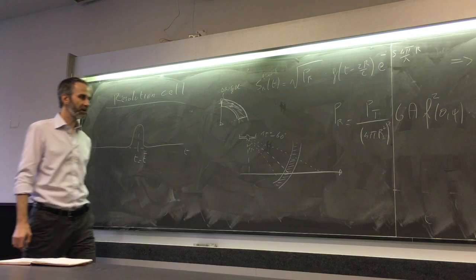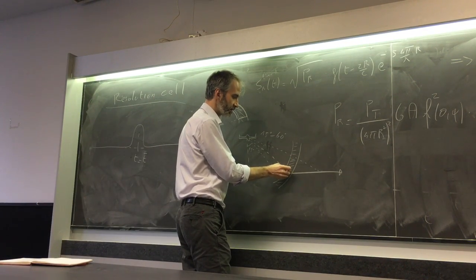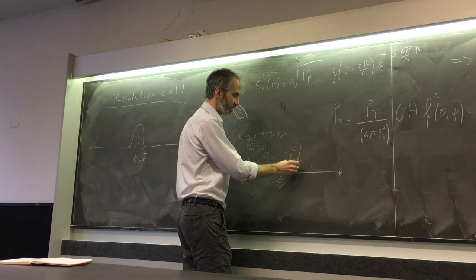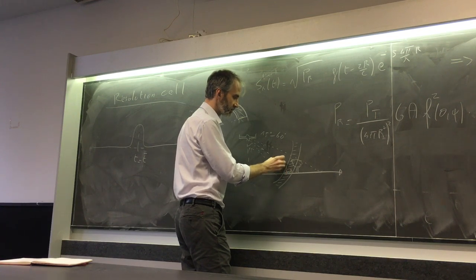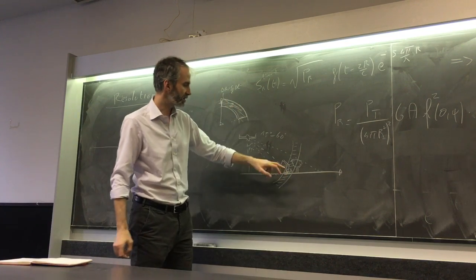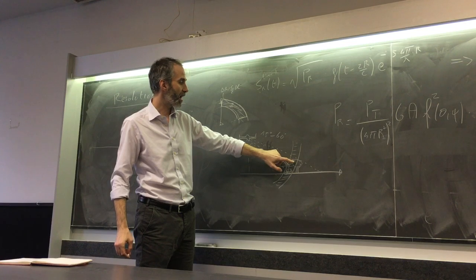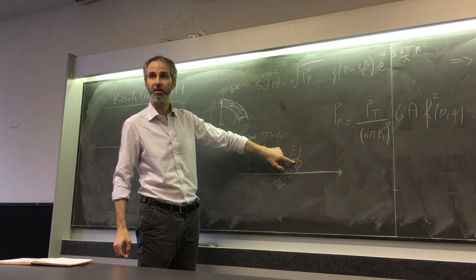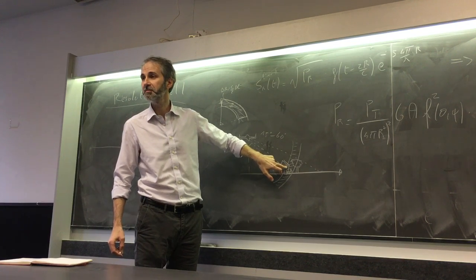So for example, you have here the terrain, then you have a tree here, and you have a house. In this resolution cell, you have the terrain, part of the crown of this tree, and part of the roof of this house.